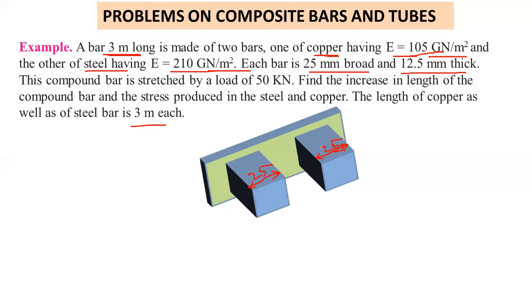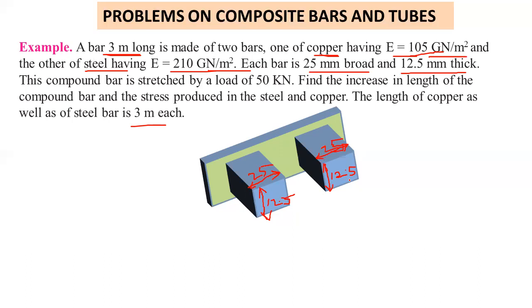This is also 25 mm, and the thickness, that means this height, equals 12.5. This one also the same, 12.5. So the steel bar and copper bar both have the same dimensions and same length.